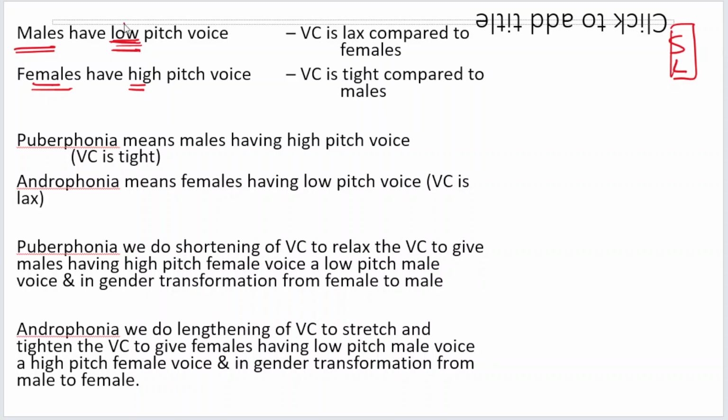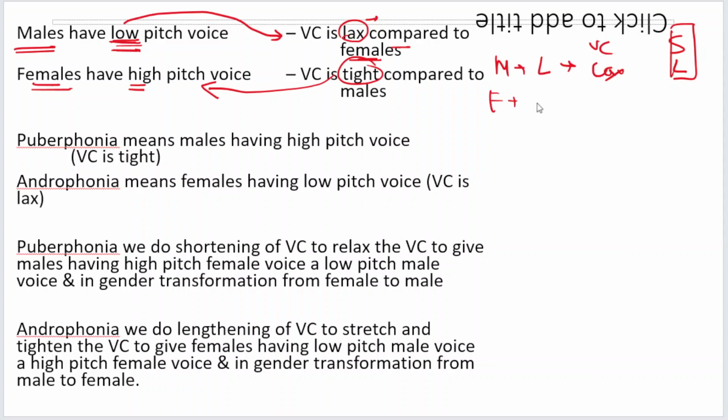For the vocal cord to be low pitch, vocal cord has to be lax. Compared to females, it is lax. It should not be tight. If it is tight, it becomes high pitch. So if you remember like this, males have a low pitch voice because the vocal cord is lax, and females have a tight vocal cord.